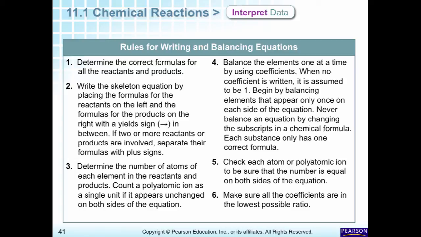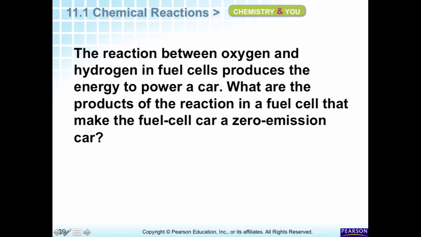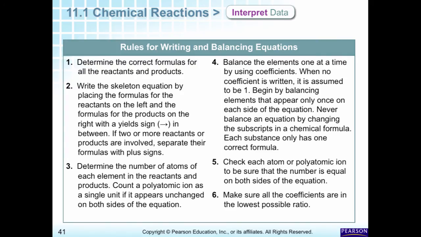For instance, if you had an equation like this, where these are your coefficients, I said 4, 2, 6, and 8.